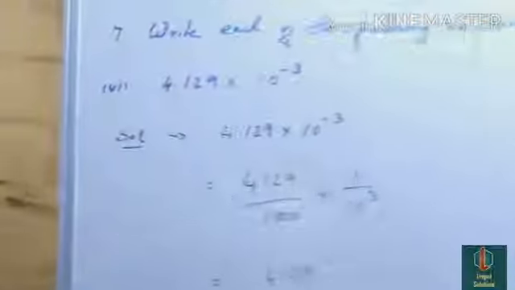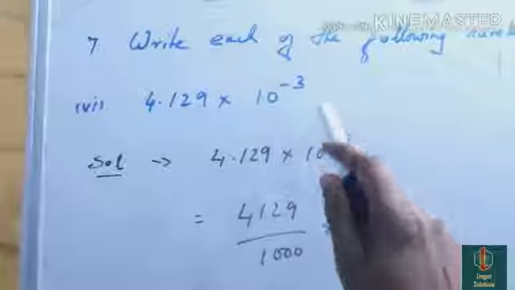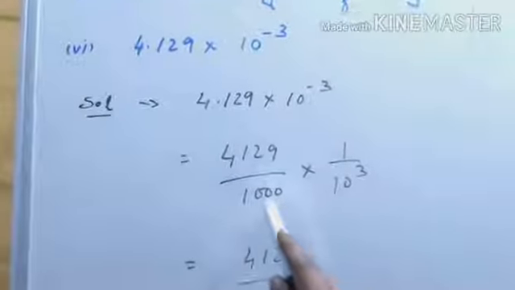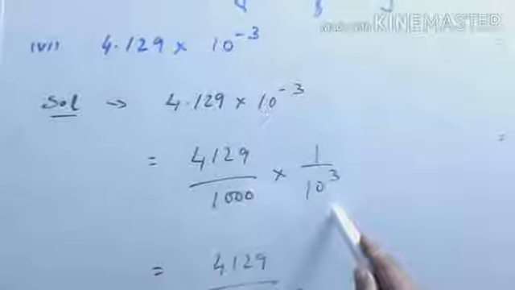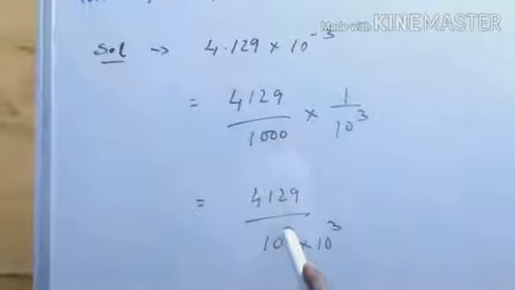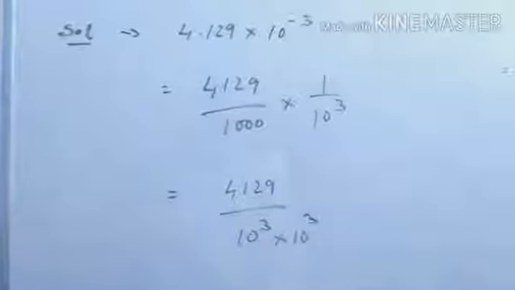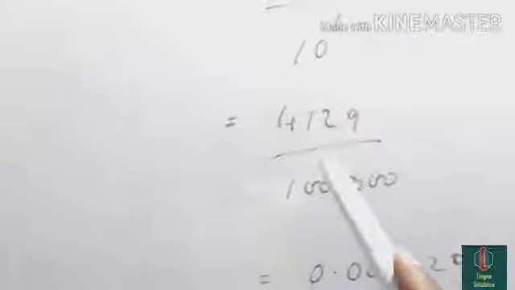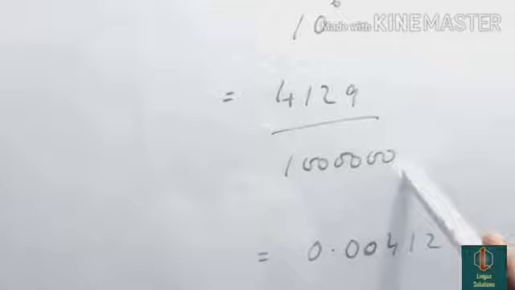Now come to next one. That is 4.129 into 10 to the power minus 3 is equal to 4129 by 1000 into 1 by 10 cube is equal to 4129 by 10 cube into 10 cube is equal to 4129 by 10 to the power 6 is equal to 4129 by 1000000.